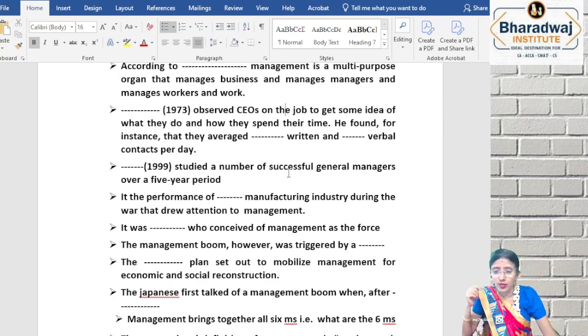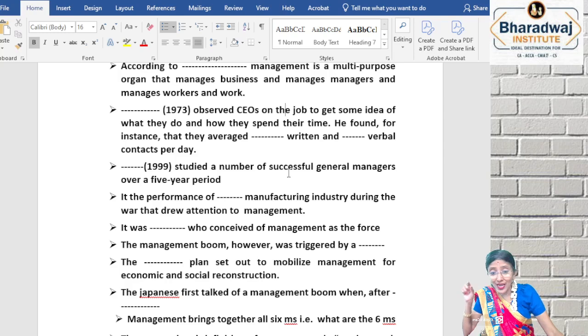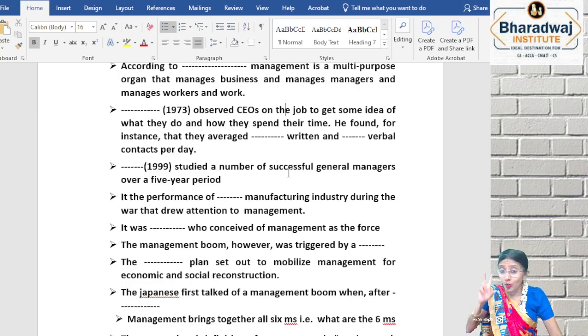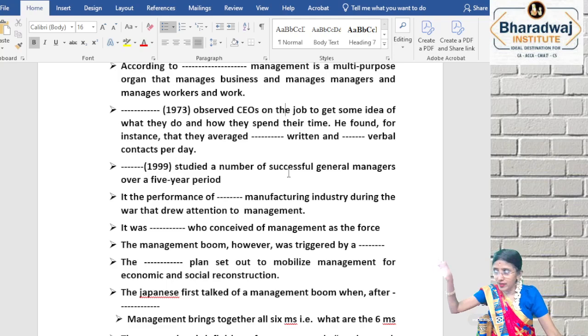It's a very important question. He found that, for instance, the average CEO has dash written contacts and dash verbal contacts per day. So if you are a CEO, how many written contacts and verbal contacts will you have per day? I gave you this very clearly in the PPT and highlighted it. This is a finding, this is a study.